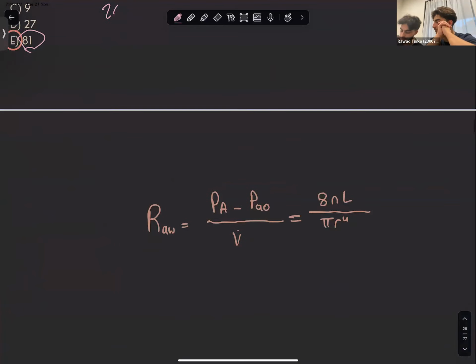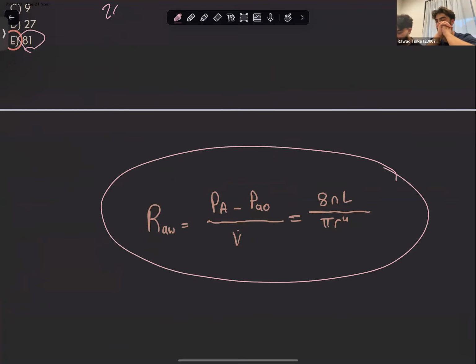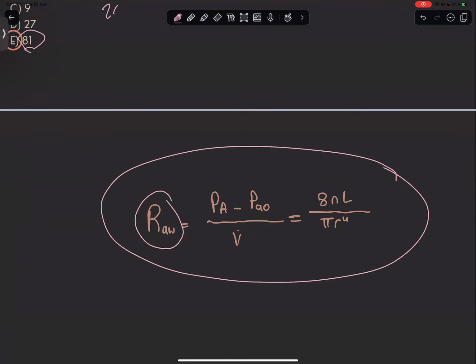But what's important here is this equation in this lecture. Can anyone tell me what this equation is? What are we trying to find here? The resistance of the airway? Yeah, the resistance of the airway, how much resistance we have when we're trying to breathe in.